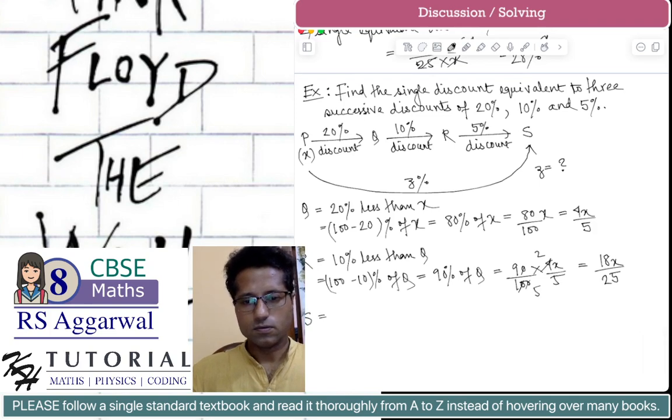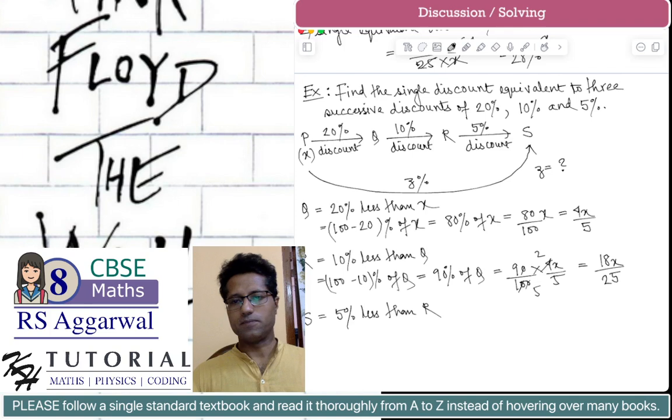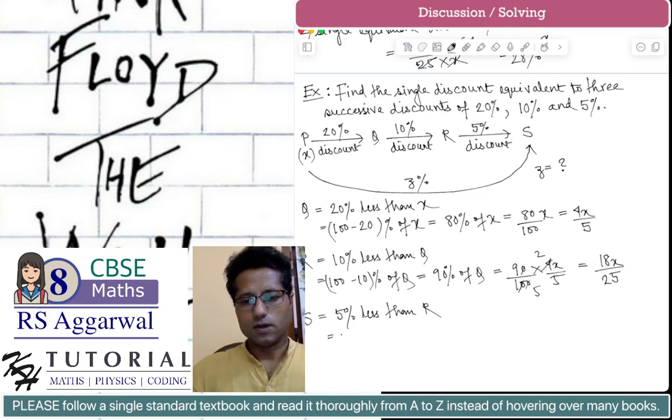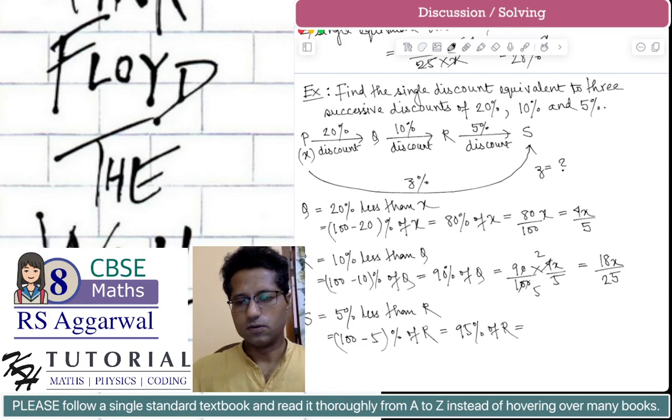S is equal to 5% less than R, because the 5% discount has been applied on the intermediate reduced price R. This is equal to 100 minus 5% of R. This is equal to 95% of R. This is equal to 95 by 100 multiplied by R, and R is 18x by 25.